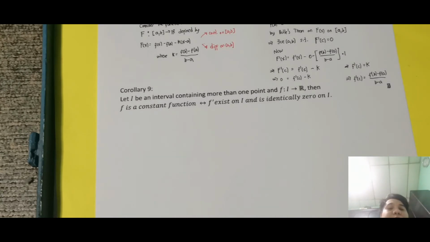So now we take an interval I containing more than one point, and f from I to the real numbers.